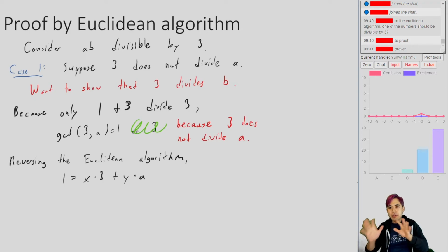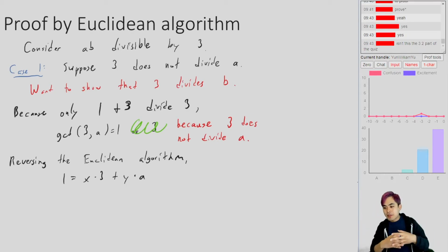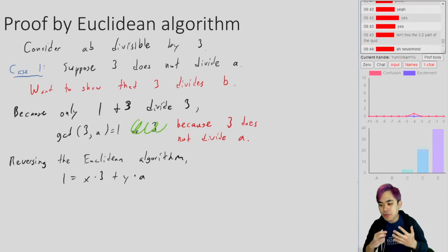Did everyone follow? That was a sort of tricky jump of logic there. Okay, so hopefully everyone followed. On the quiz, question 3, I have you do two parts. One part is you do the Euclidean algorithm to find the greatest common divisor, and the other part is you reverse it. Yes, this is exactly part 3.2 of your quiz.